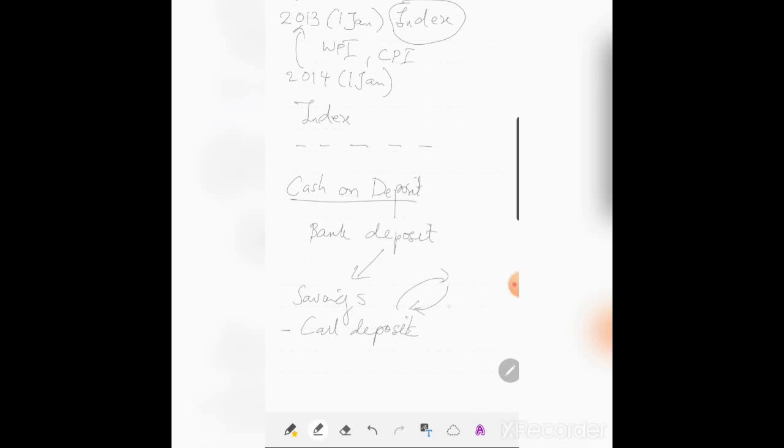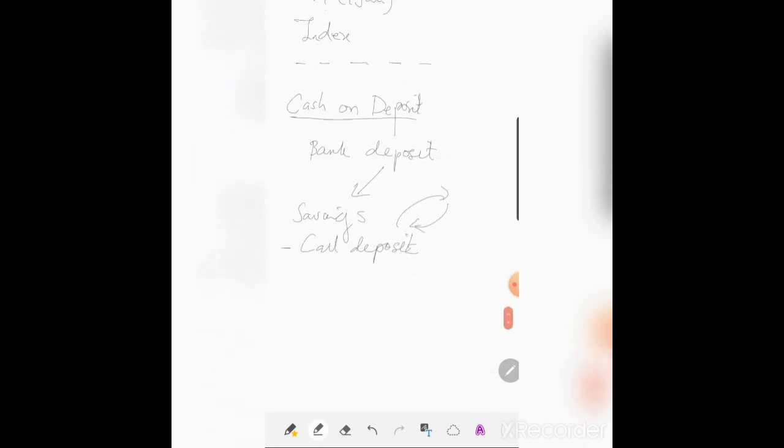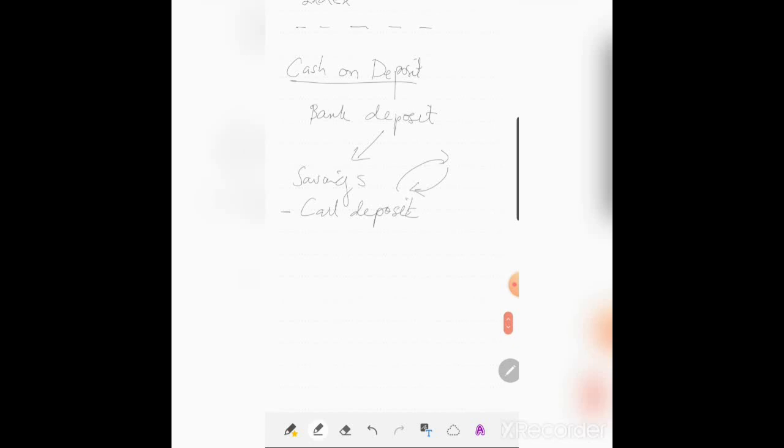So there is no fixed index in the period, and at the same time the interest rates on your savings account can be changed at any point by the bank without any prior information to you. So the deposit which I've made today might undergo different interest rates at different points in time, which is not fixed for the period of your investment.